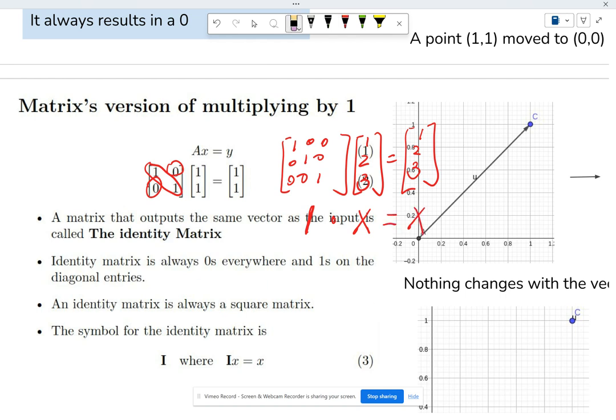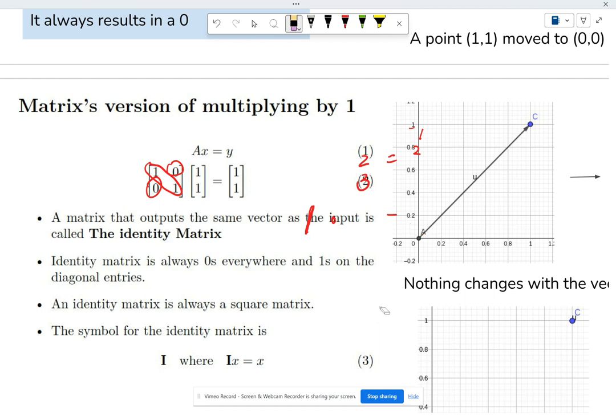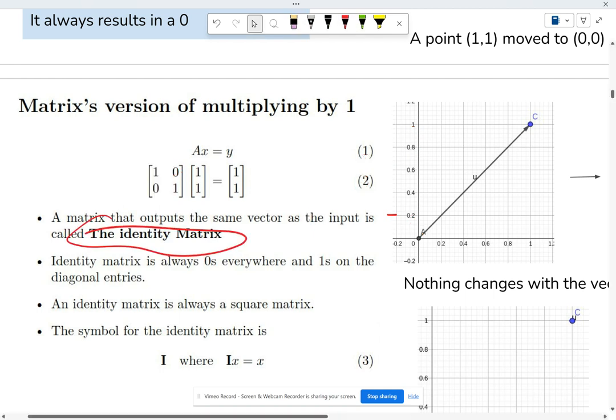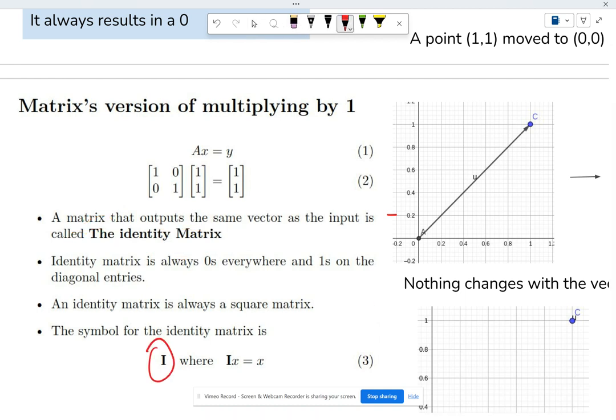So this matrix has a special name. It is called the identity matrix. The identity matrix gives the identity back. Whatever you put in, it gives it back. The special symbol for the identity matrix is just a bold I, or a capital I.